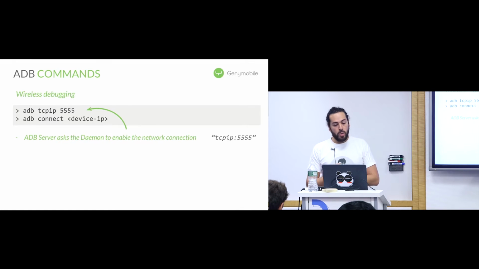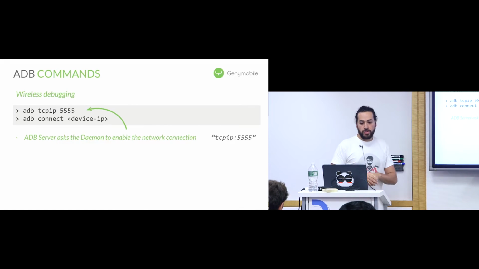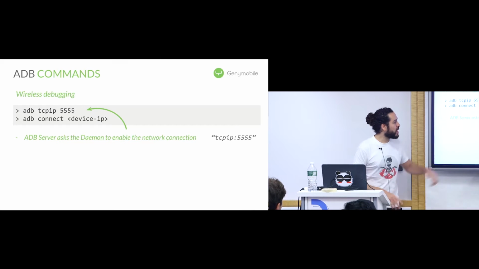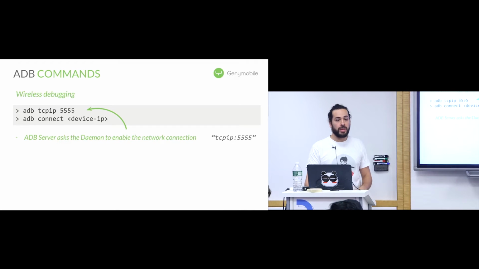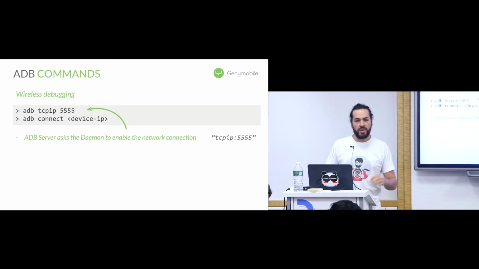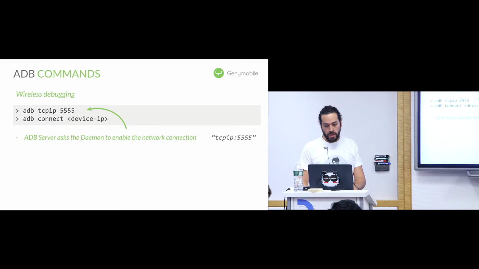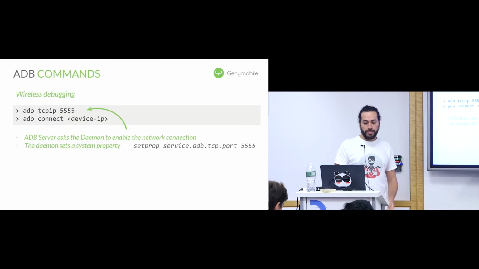So what is this command really doing? First, the ADB server will ask the daemon to enable the network connection. It will do it by sending this message, tcpip:5555. 5555 is the port you enter on your command.